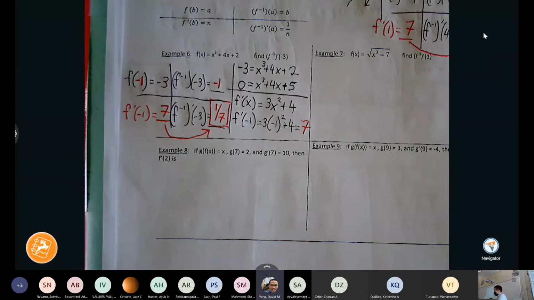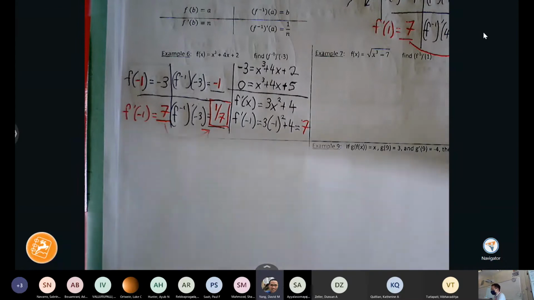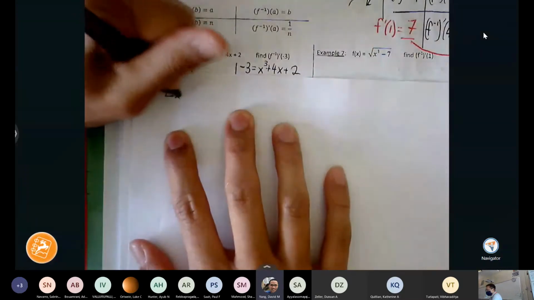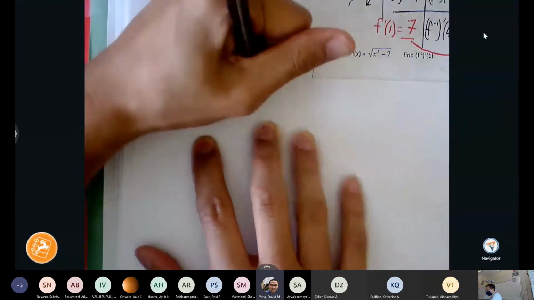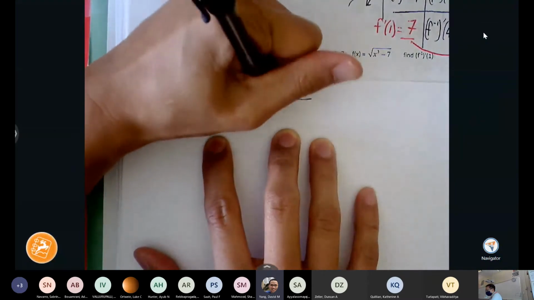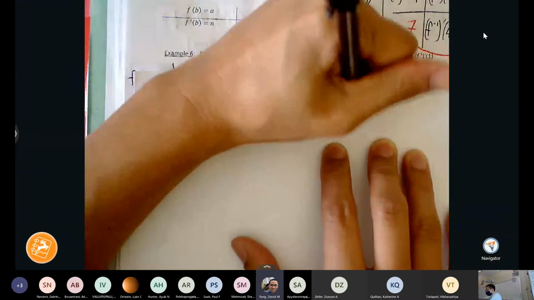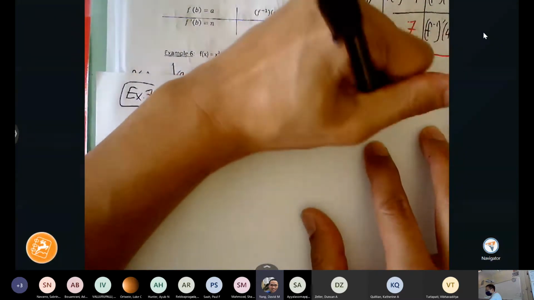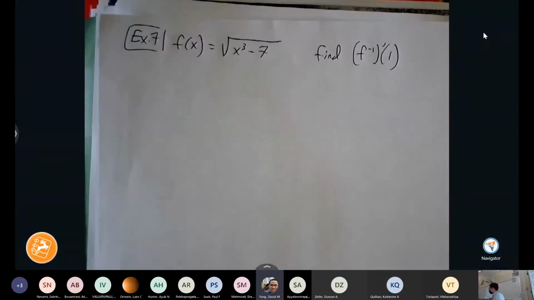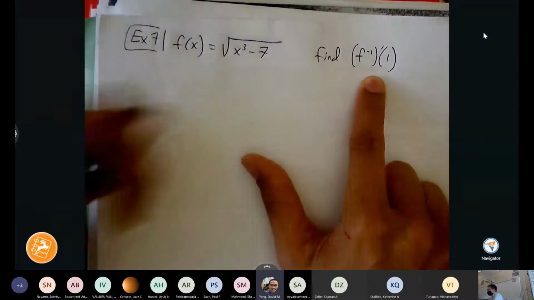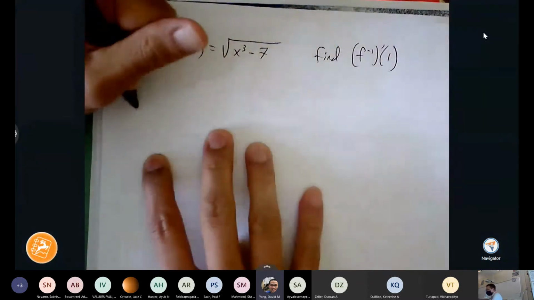Okay, let's try example 7. I'm going to need a little bit more room, so I'm going to put this on a separate sheet here. So find the derivative of f inverse at 1.